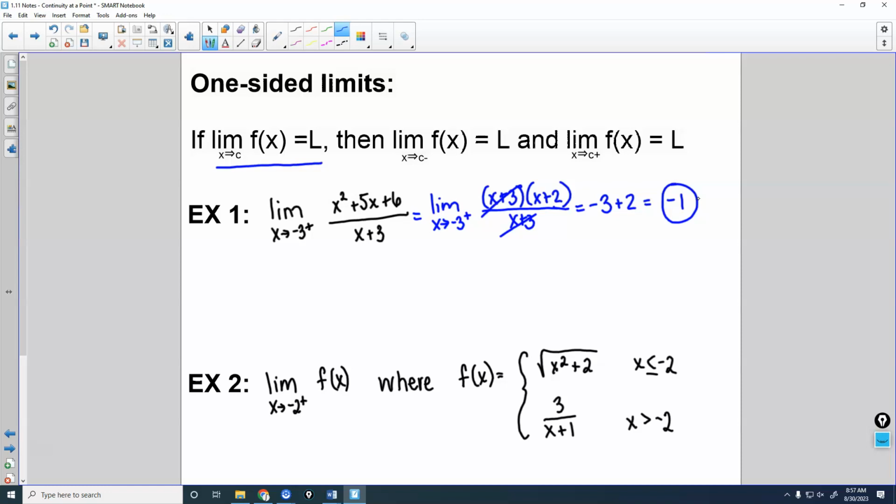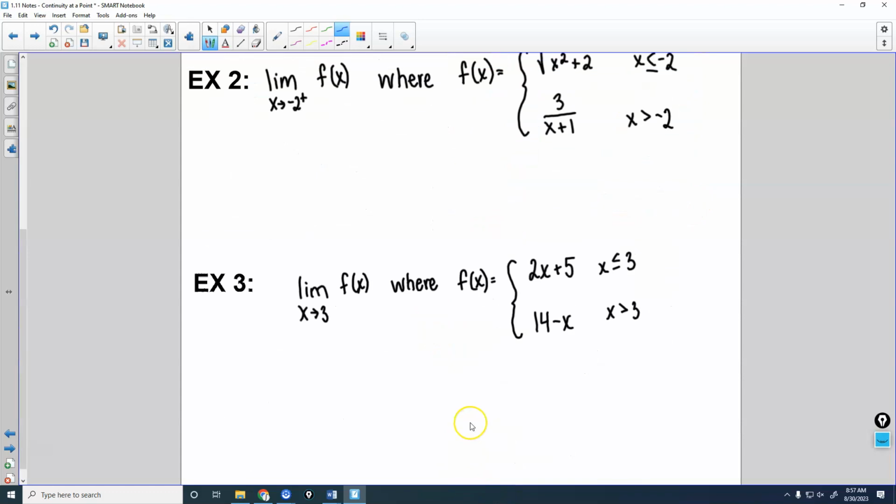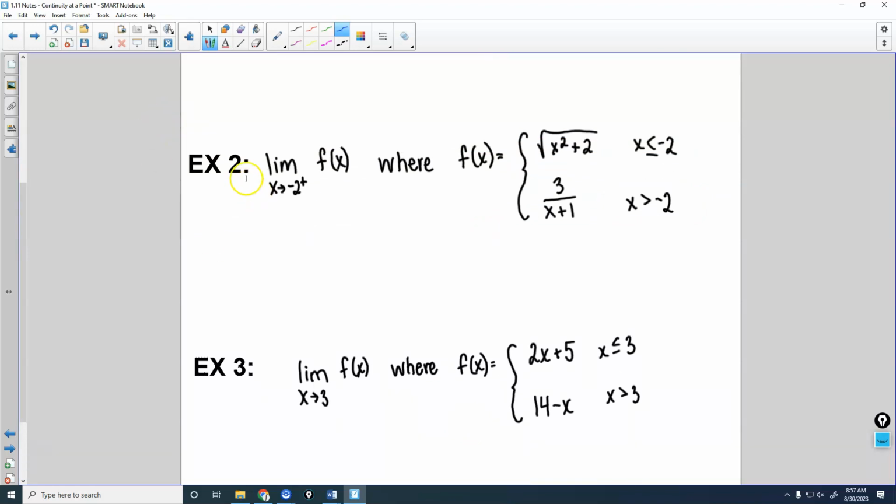The ones you most often see left and right for are the piecewise functions. So if we look at this, the limit where x approaches negative 2 from the right of f of x, I've got this piecewise graph or equation right here, and I need to use the correct notation.